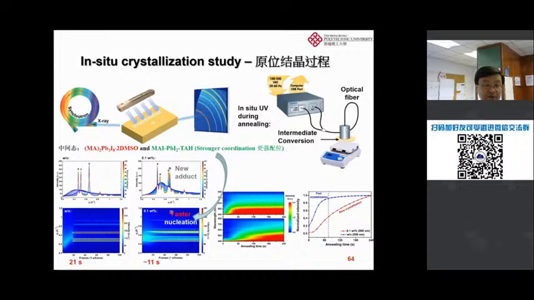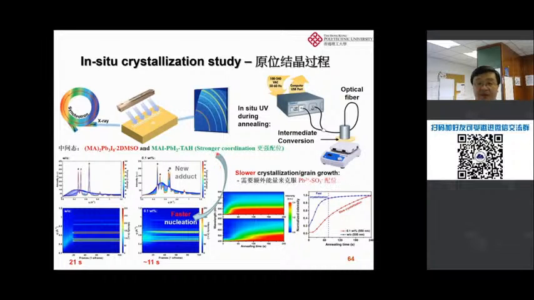Okay, without the surfactant, it starts at 21 seconds. With the surfactant, it starts at about 11 seconds. So it's getting faster, and that's coming from a stronger coordination between the lead and the surfactant there.